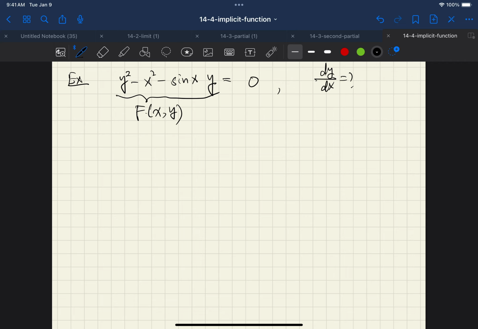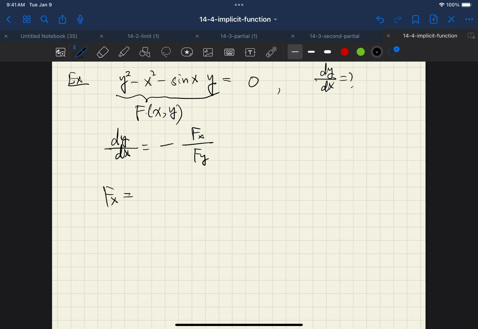So the left hand side is a function of x and y. Now from the formula we're given, it is negative fx over fy. Now, what is fx? It's the partial derivative of f with respect to x. In other words, we want to freeze y and just take the derivative of x.